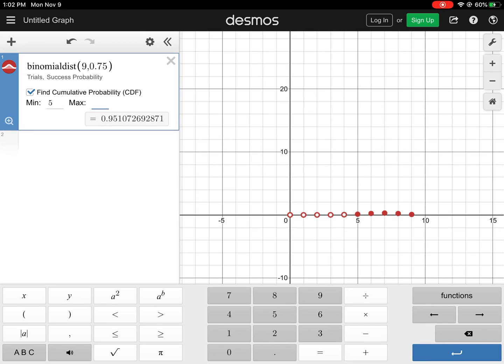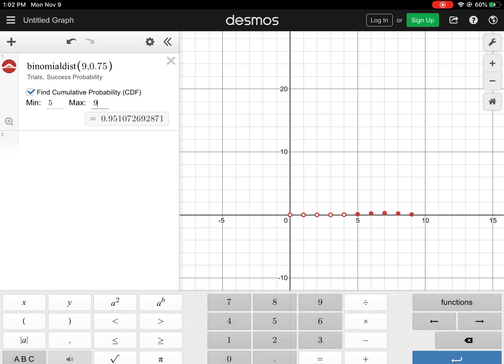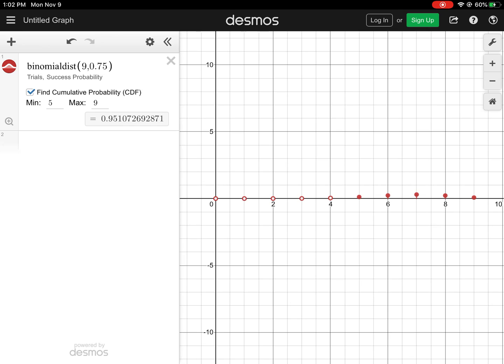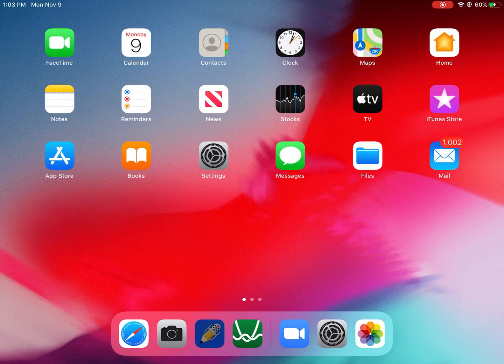We want a minimum of 5 and a maximum of 9. Now notice that all of the dots that represent 5 through 9 are now filled in. We are adding all of those probabilities together, and it looks like it's 0.9511.